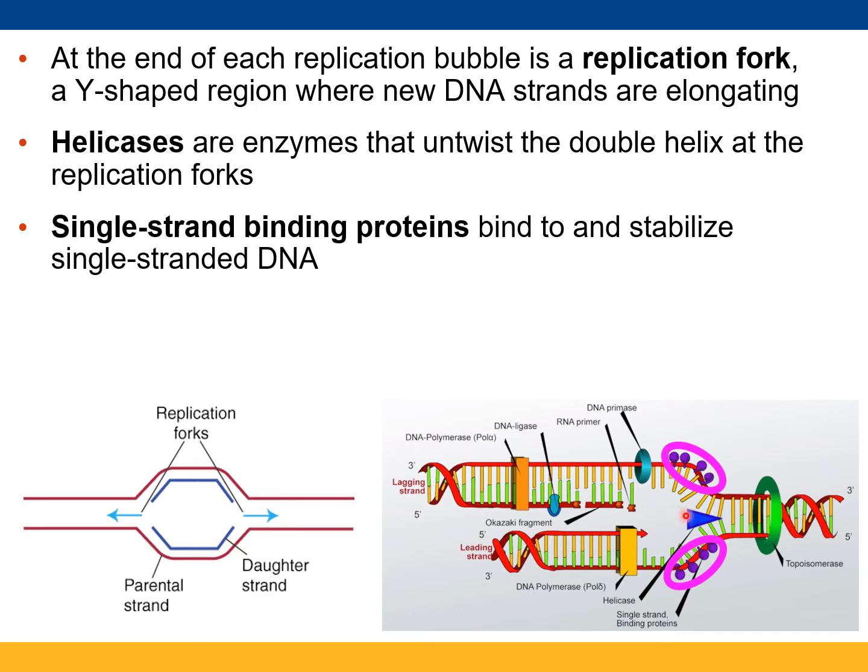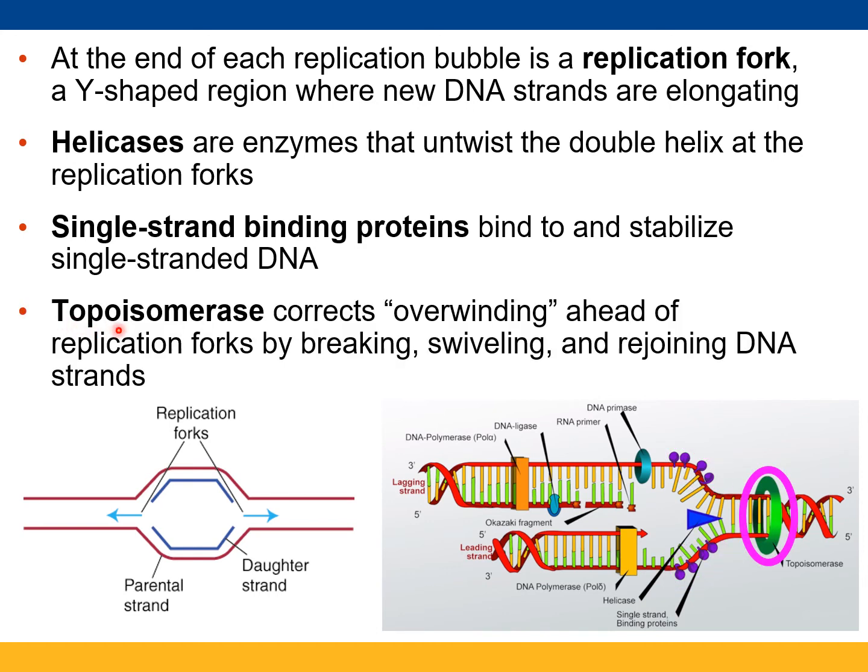Now, as that helicase is going this way, because DNA is so coiled and so forth, we would create a real problem with twisting and binding. So we have this special third protein, and I guess it's got a little bit of a longer name, called topoisomerase. What it does is it will relieve the torsion on the DNA that has yet to be unwound by nicking it for just a second and allowing it to unspin.